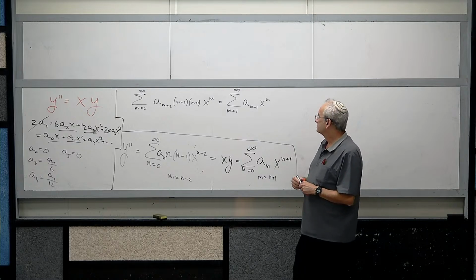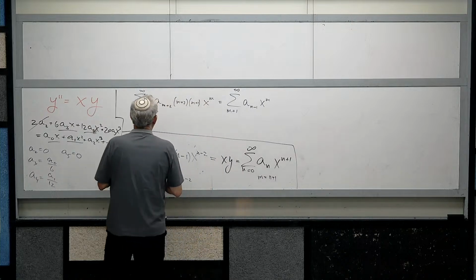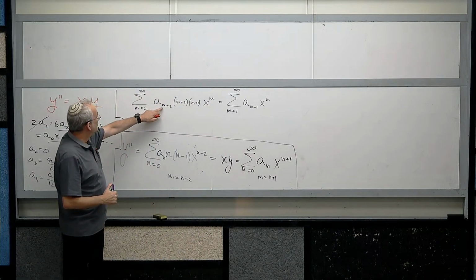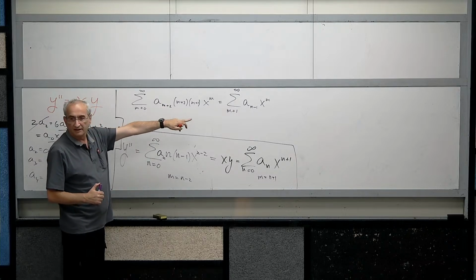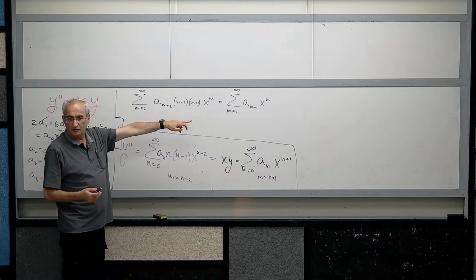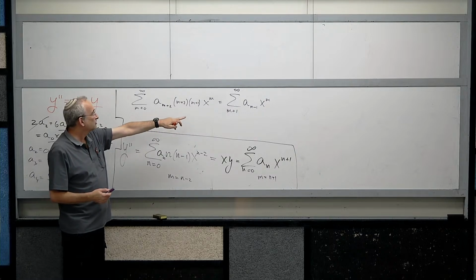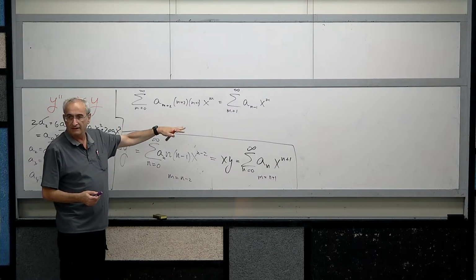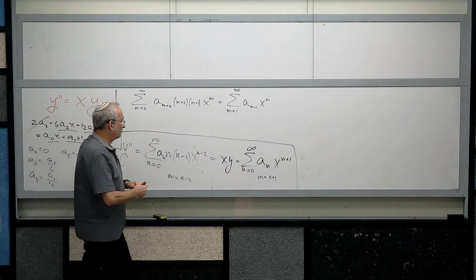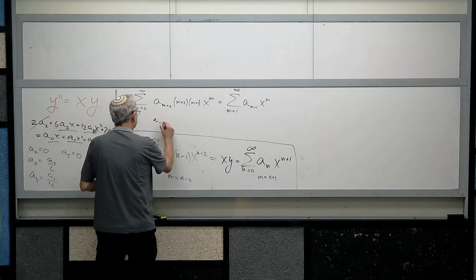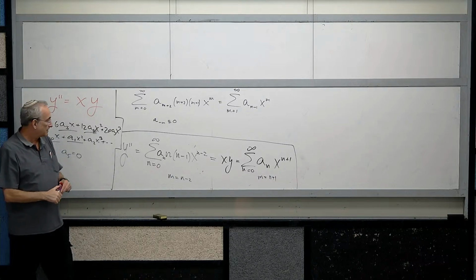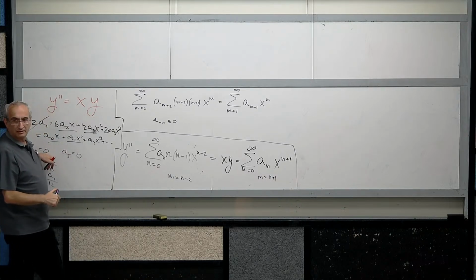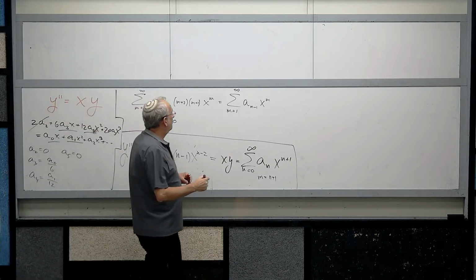Okay? So I can immediately see that if I take the m equals 0 term, I have a2, but there is nothing to balance it there, because a_(-1) is 0. All the a's with negative index are by definition 0. And we can also see that from the equation: a2 has to be 0 because it's multiplied by x.